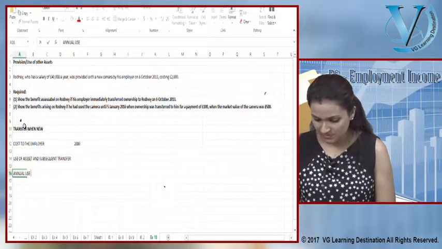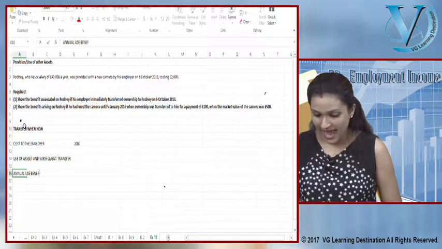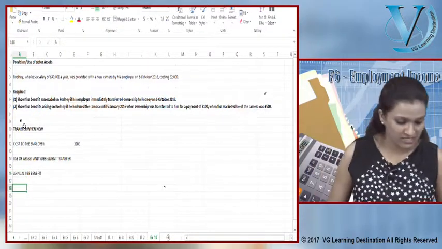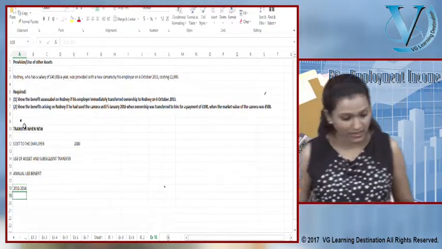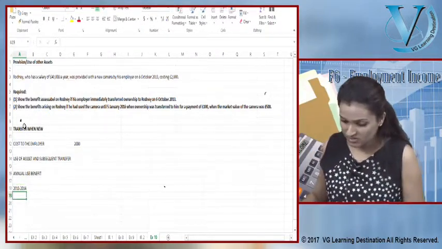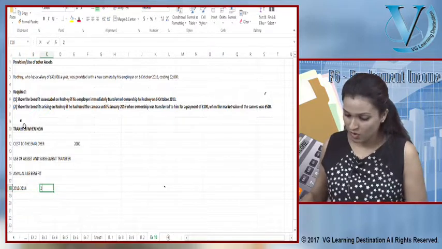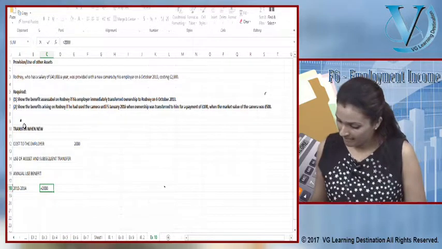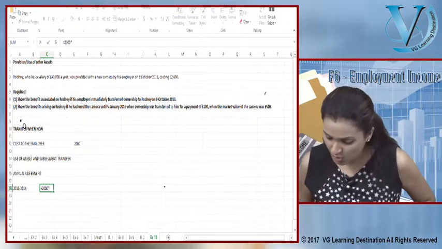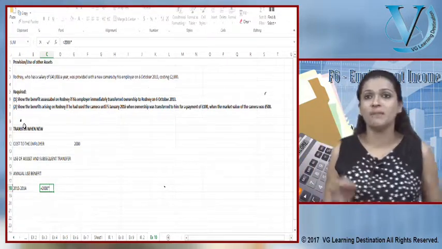This annual use benefit you're going to pay for every year of usage. You begin with 2013-14. When you begin, what is going to be the annual use benefit? The asset cost is £2,000. It is going to be 20% of the market value.